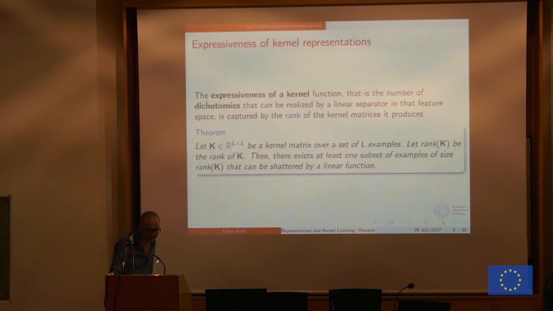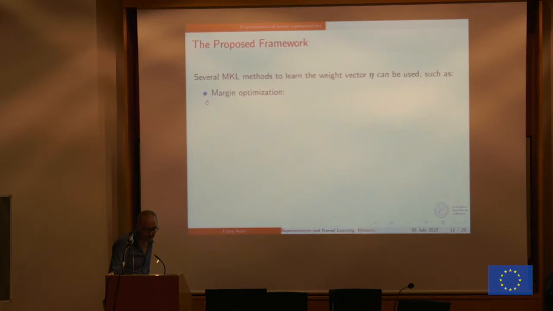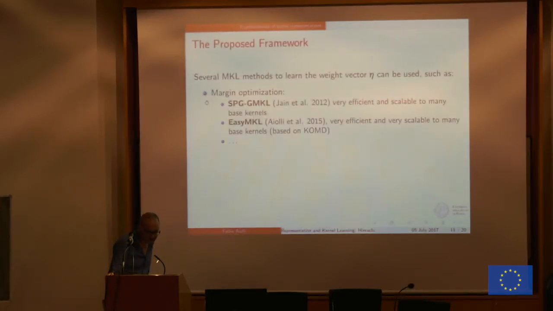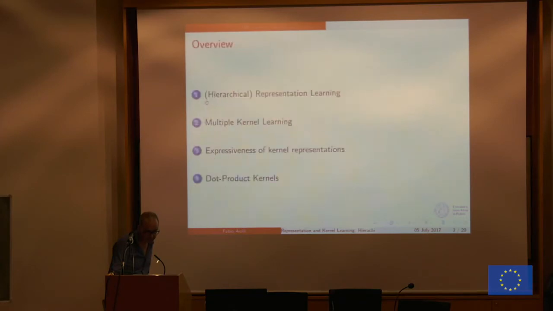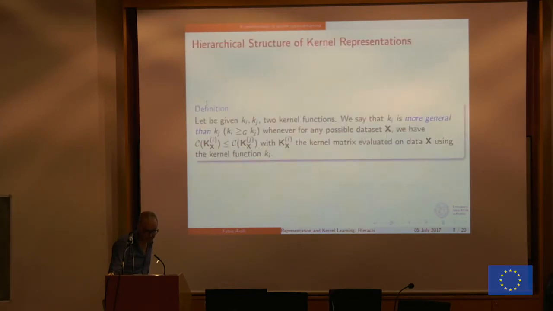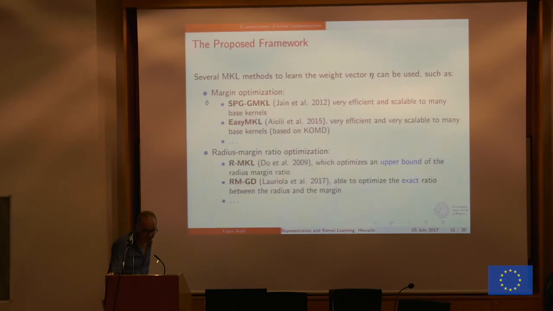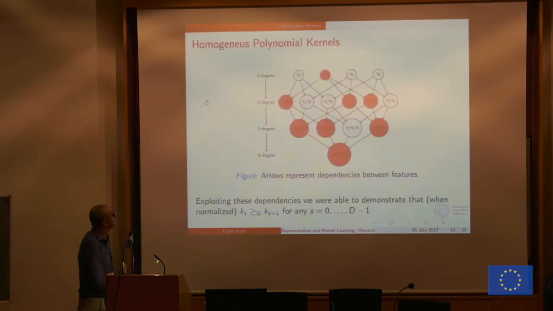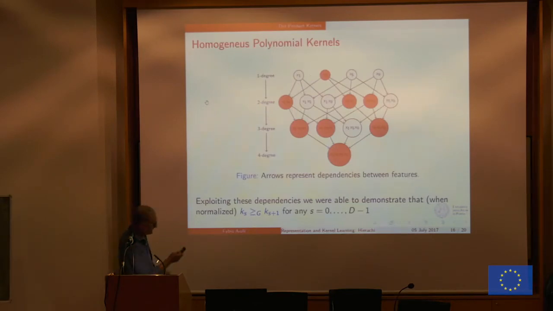In this sense, in our case, we have this situation in which you can imagine these as the levels. So multiple kernel learning basically defines different representations. For example, the representation of the linear kernel.